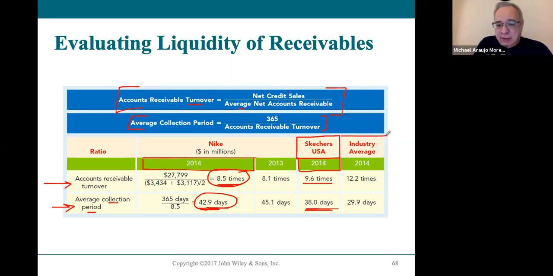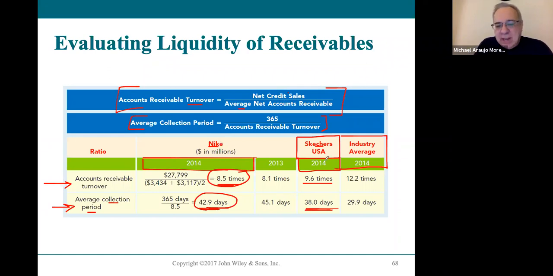What about the industry? This particular industry, Skechers, Nike, is athletic wear and footwear. They look at themselves as athletic wear, athletic gear, and stuff like that, more than just a sneaker company.